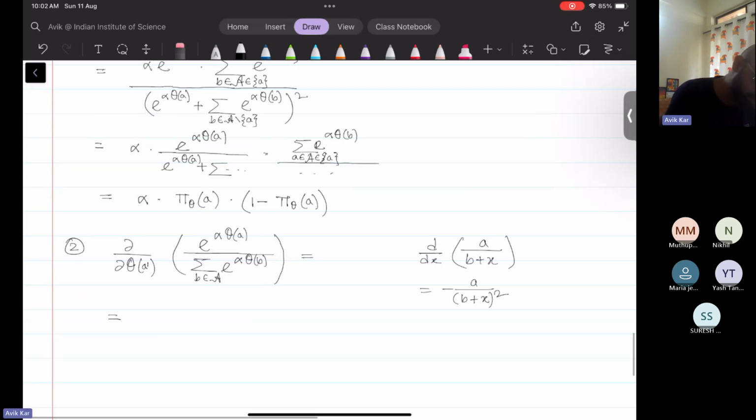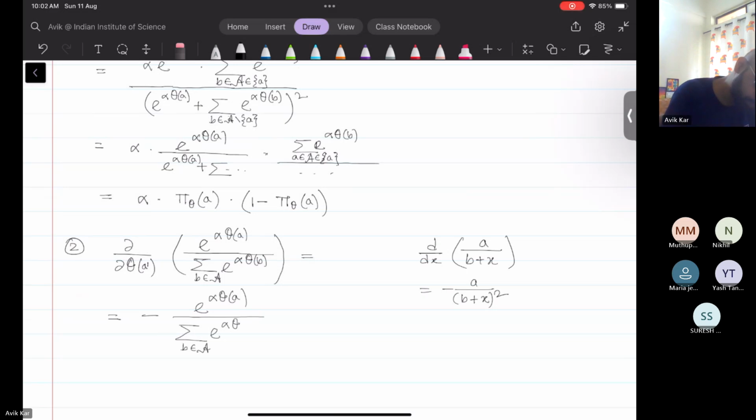So this will be equal to minus alpha a by, then you have to take the derivative of the e to the power a prime, e raised to alpha theta prime.